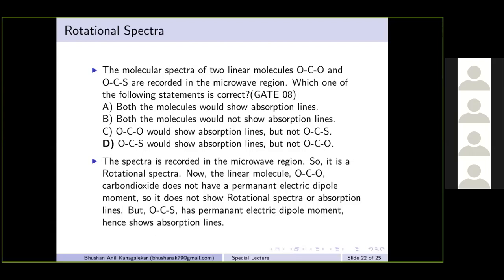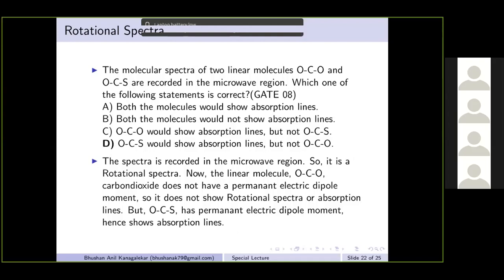So CO2, as I was saying, is a linear molecule, and the dipole moment generated by one CO bond in one direction is cancelled by the other CO bond, which generates the dipole moment in the other direction. Vectorially, it gets cancelled, and CO2 doesn't have any dipole moment.